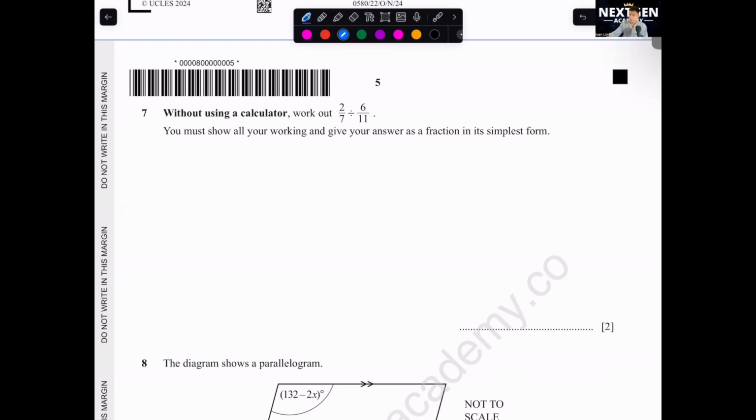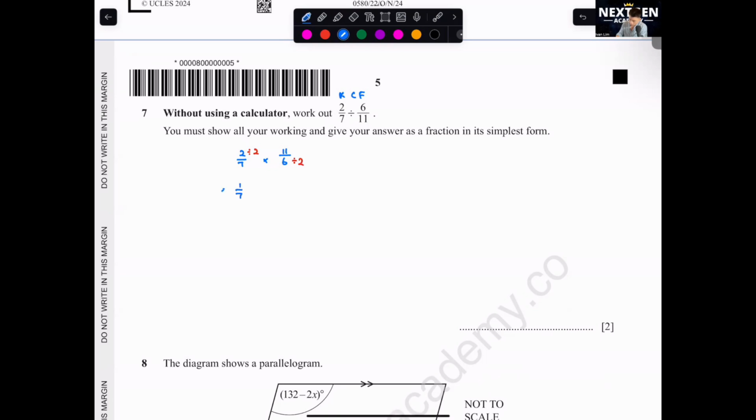2/7, if we divide, you need to keep, change, flip. KCF: keep the first value, change the second symbol, flip the third value. So 2/7 times 11/6. Whatever we can simplify, we simplify. So this one we divide by 2, divide by 2.